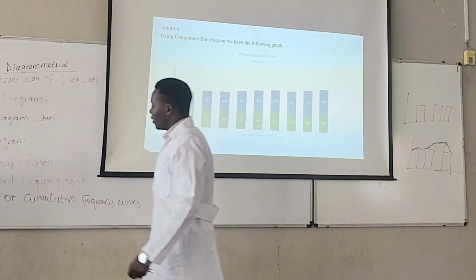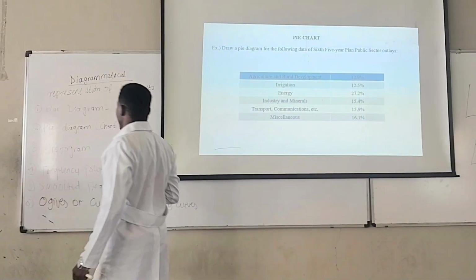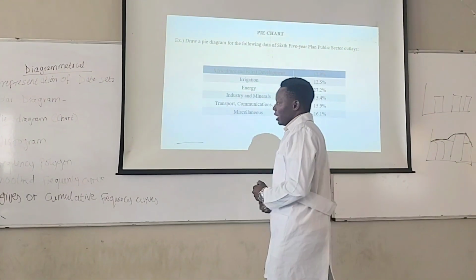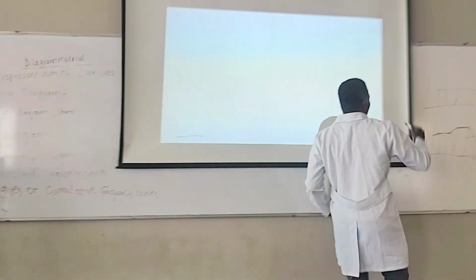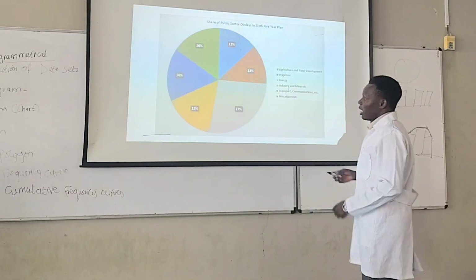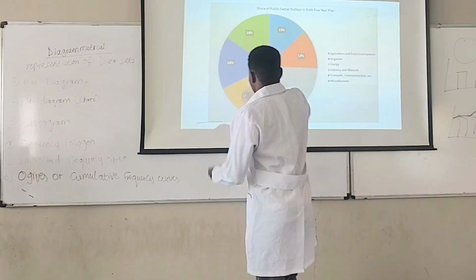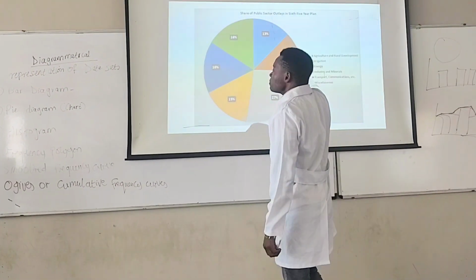The next one we are going to look at is the pie diagram or the pie chart. What is a pie chart? A pie chart is formulated with a circle, which is 360 degrees.